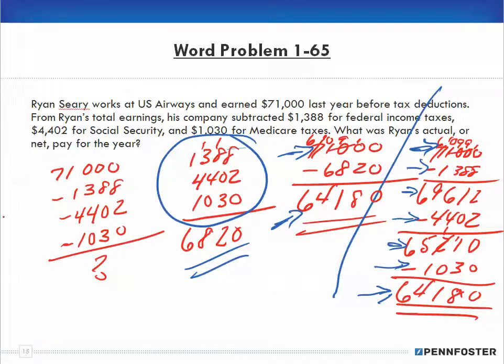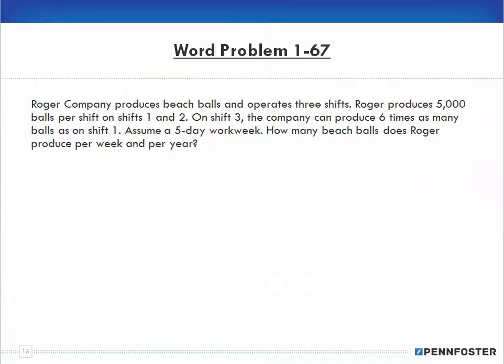All right, let's see here. 67. Roger Company produces beach balls and operates 3 shifts. Roger produces 5,000 beach balls per shift on shifts 1 and 2.